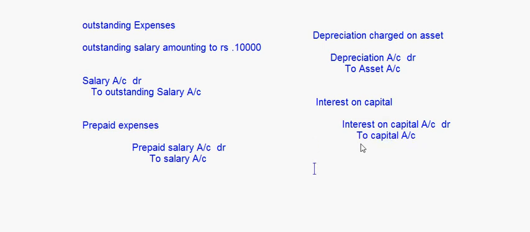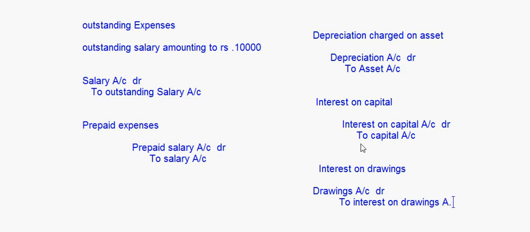And when you have interest on drawings, here the proprietor is paying the interest on the amount that he has drawn. So this is basically, the entry will be drawings account debit to interest on drawings account. This interest on drawings is income for the business, right? So it will be like this.